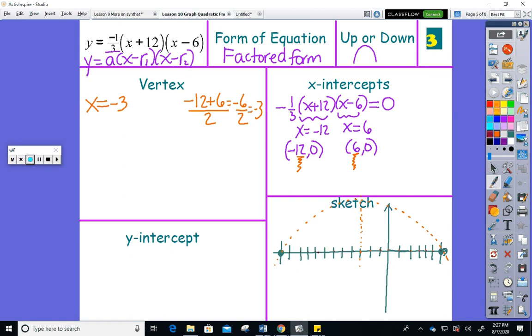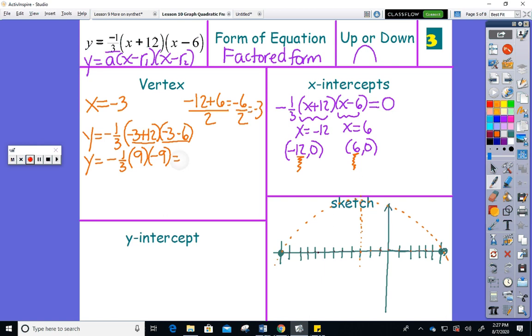So then remember, anytime you have an x, if you want the y, you plug in your x. So I'm going to say y equals -1/3 times (-3 plus 12) times (-3 minus 6). So I'm plugging into the black equation that I gave you in the upper left-hand corner. So y equals -1/3. 12 minus 3 is 9. -3 minus 6 is -9.